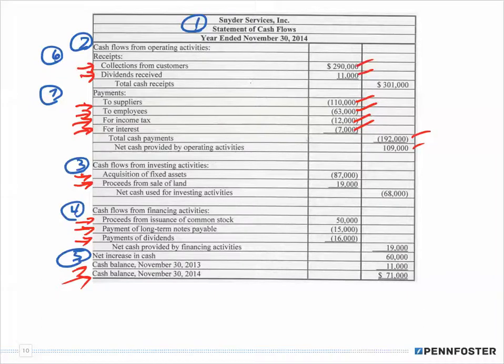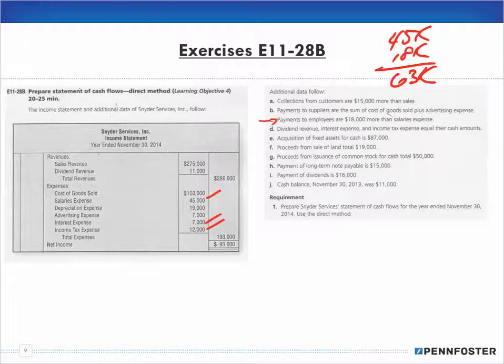Okay. So if I was going to do investing activities next, and I wasn't looking at the homework solution, I'd look under what I have for the direct method. What would I look at for investing activities? Well, I would have to look at acquisitions of fixed assets.